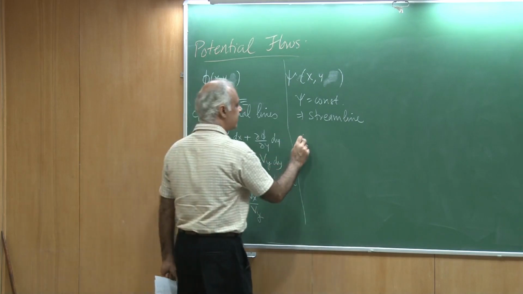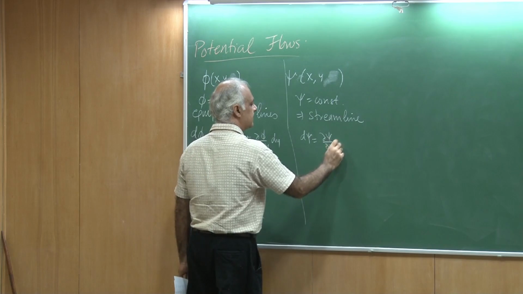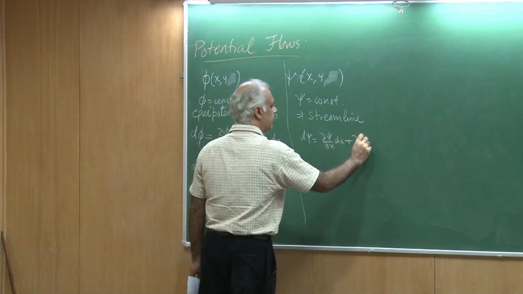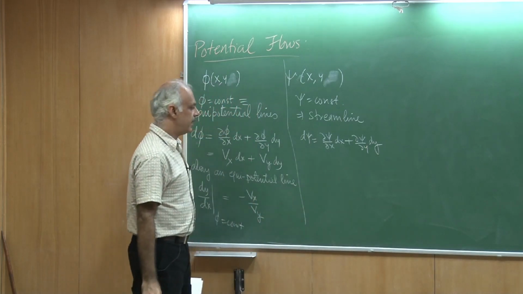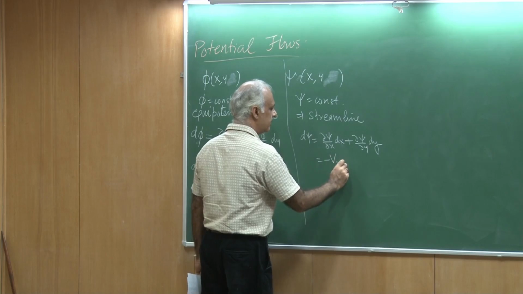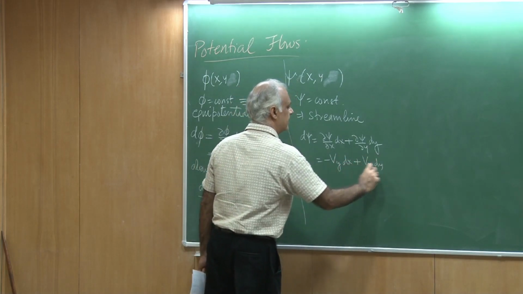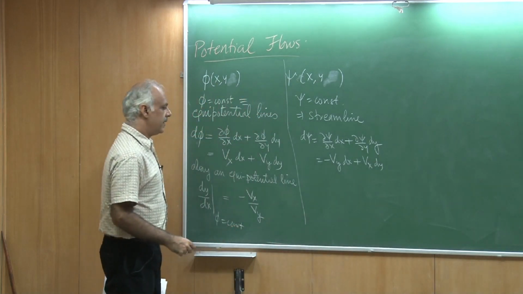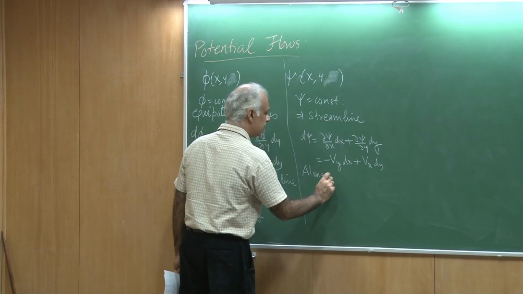Let us do the same thing for a streamline. So, I could write d psi as del psi by del x dx plus del psi by del y dy. I plug in for the velocity field. So, this is minus Vy and this is Vx dy. And likewise, along a streamline, I can find the slope.